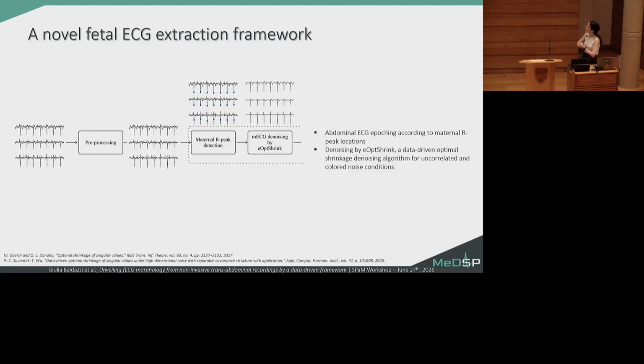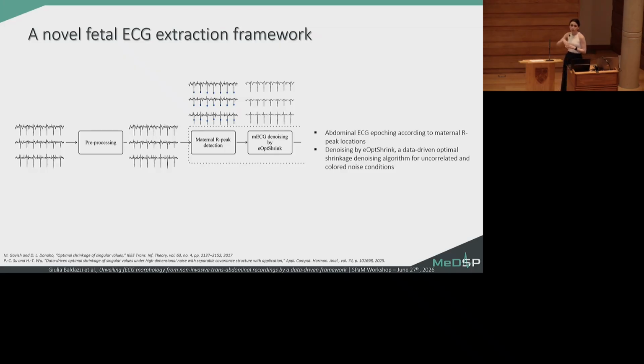And then, after the maternal peaks are identified, we can segment each maternal beat to reduce the presence of the fetal and the noise interferences, in this case to have a better estimation of the maternal ECG. Why? How?